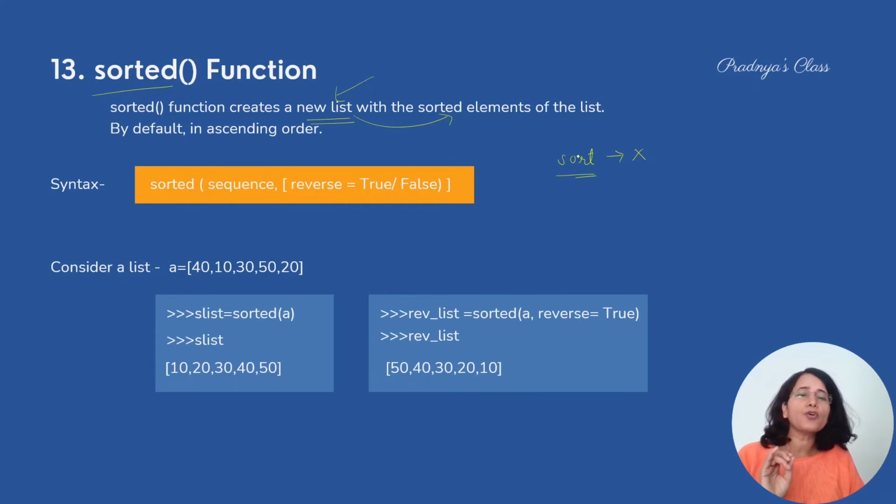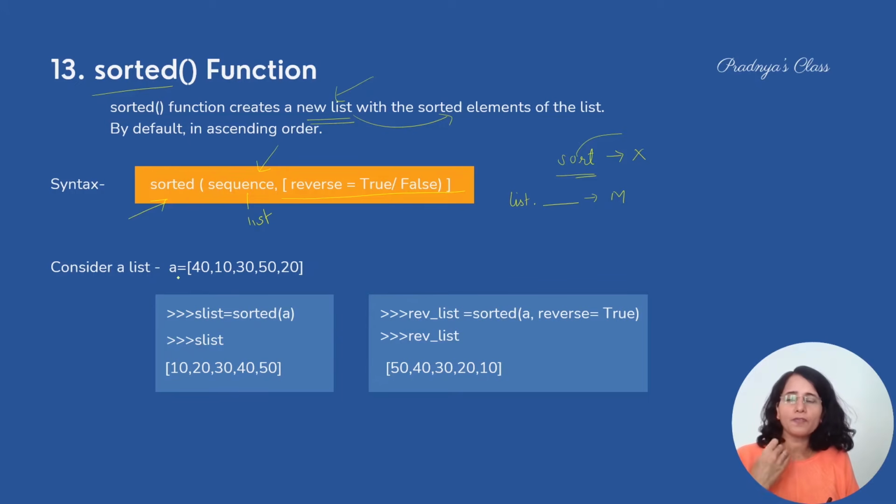It changes the original list. So here is the syntax of the sorted function. This is a function, that's why generally we don't write list dot. There are two parameters for this function. The first is sequence. Sequence means it is a list here. And the second parameter is used when we want to sort the elements in the descending order.